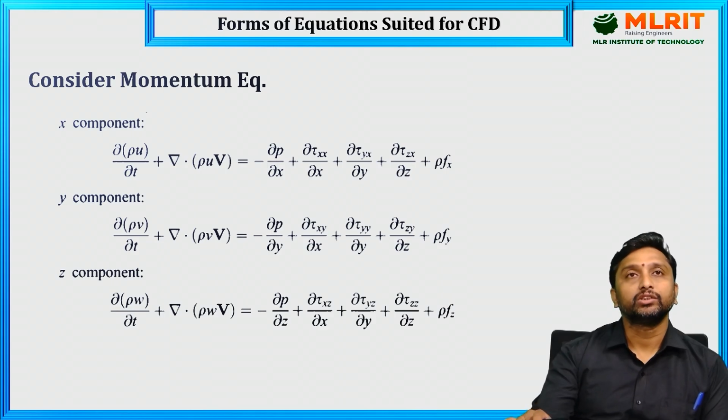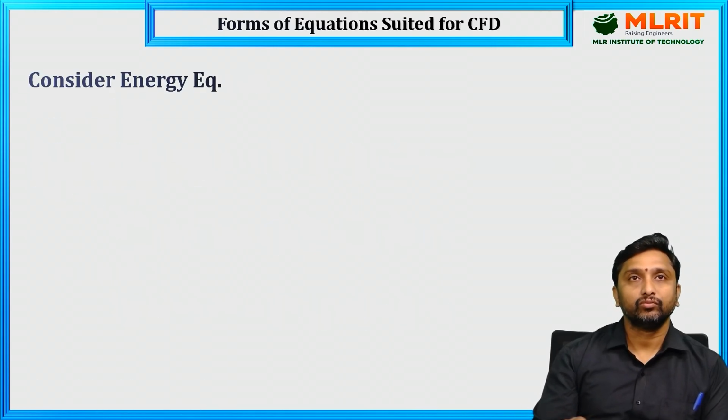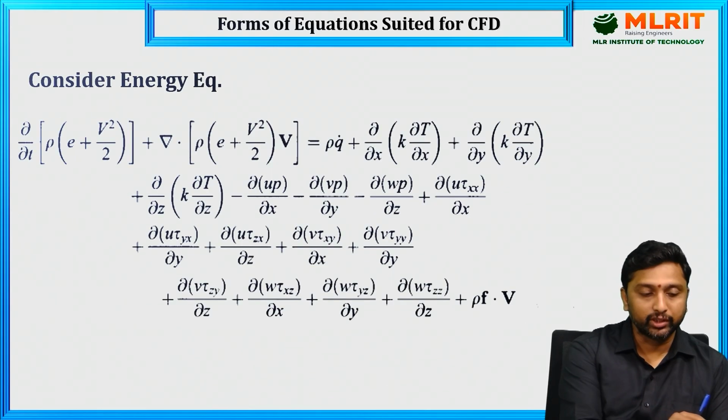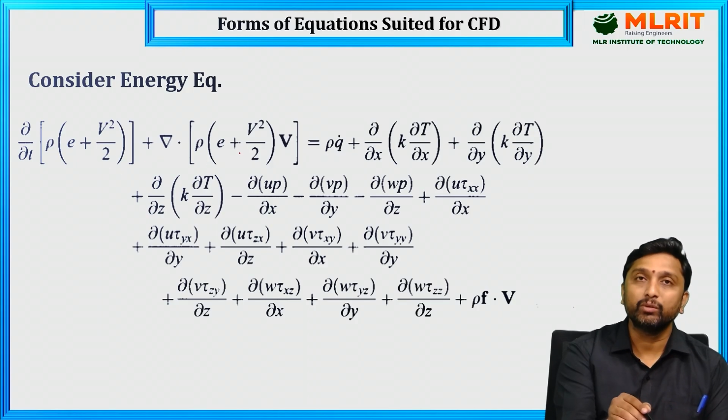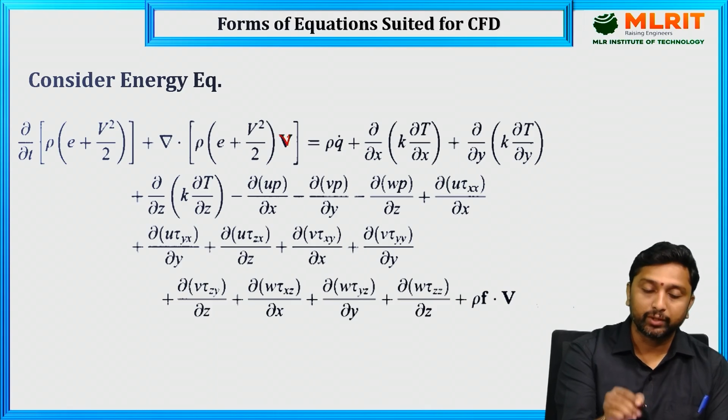Similarly, let us consider the energy equation. As you can see, dou by dou t of rho into e plus v square by 2, plus divergence of rho into e plus v square by 2 into v.